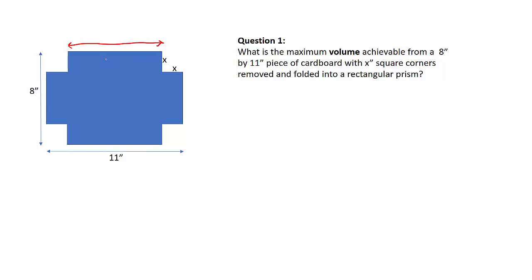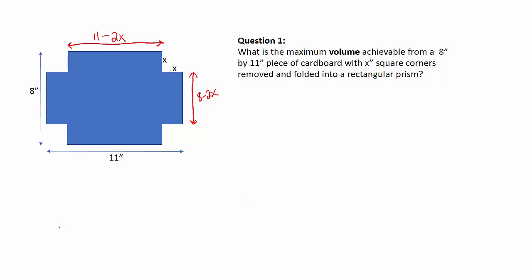And both of those pieces were X inches long, so really that's 11 minus 2x, because we cut 2 of the x's off. And then this side here originally was 8 inches long, but just like with the other side, we took an x here and an x here, so this is really 8 minus 2x.